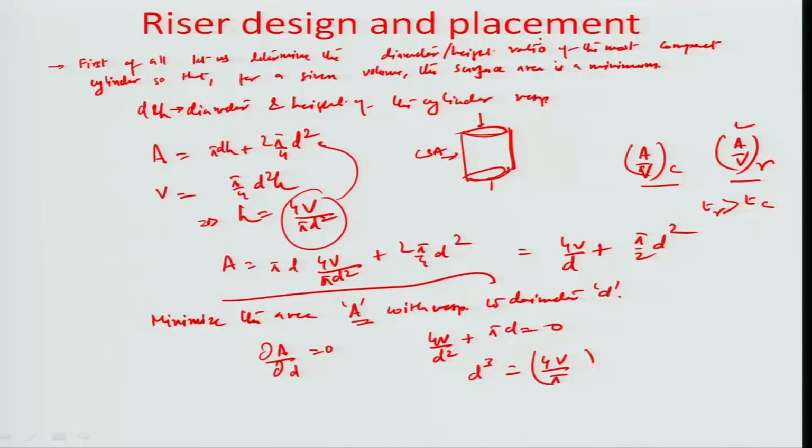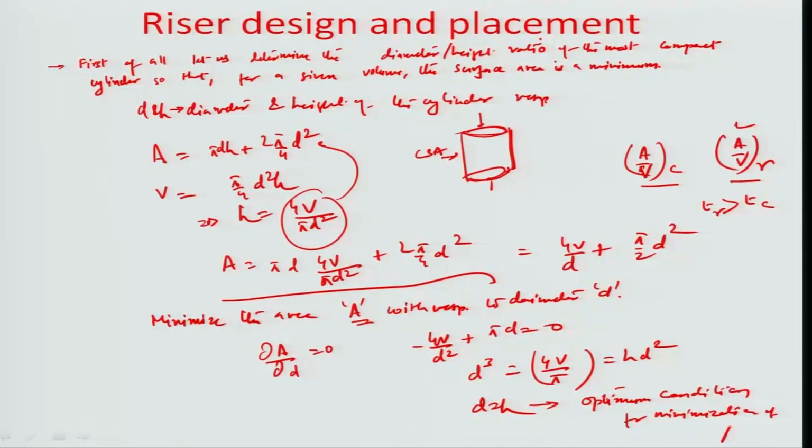So, that was what the condition was in this particular case, and we already know that 4 V by pi was actually equal to H d square. So, therefore, d equal to H was considered to be the optimum condition for minimization of A with respect to d.